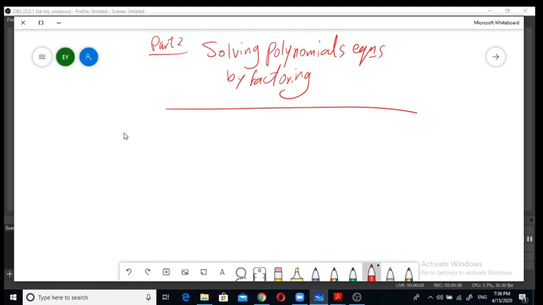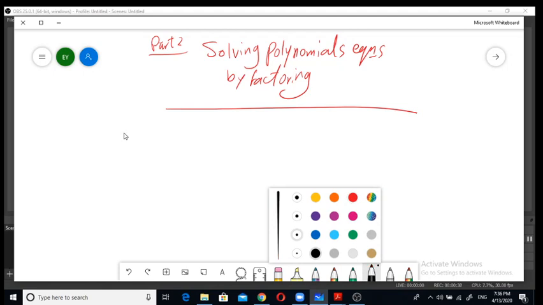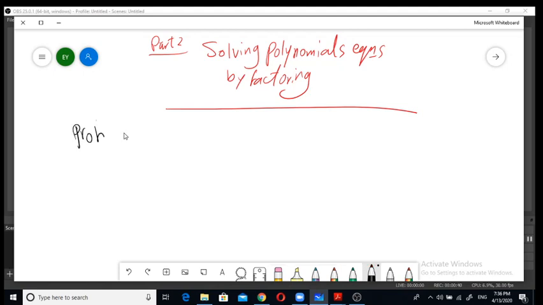Problem 1. We need to solve the below equations.